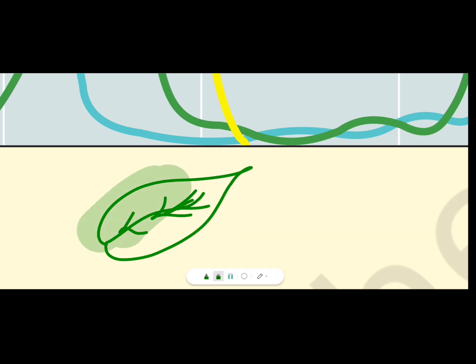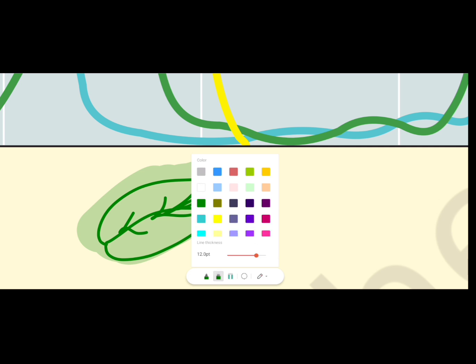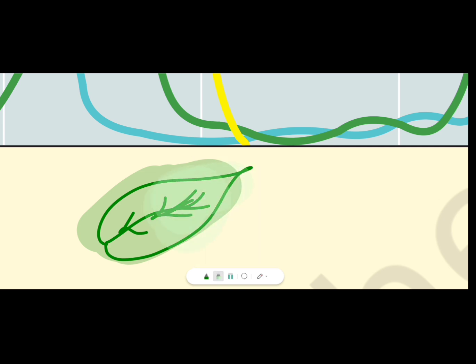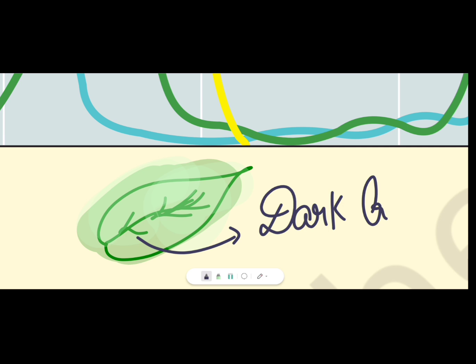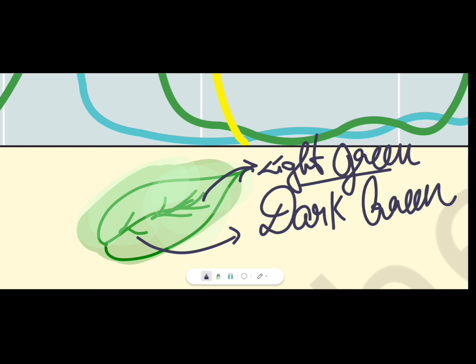This is in the shade of green. It can be dark green, light green, whatever it is. This green shade has some dark green or light green, whatever it is.